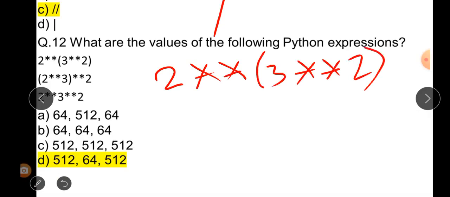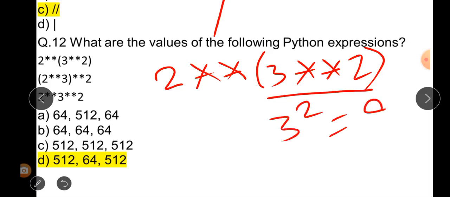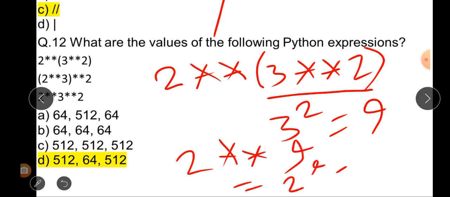So first of all, as we know, the bracket should be solved first. So this expression is solved first, and this means 3 power 2, and 3 power 2 is 9. Then 2 double star 9 is the expression we get after that. That means 2 power 9, and 2 power 9 is 512. So the first value is 512.